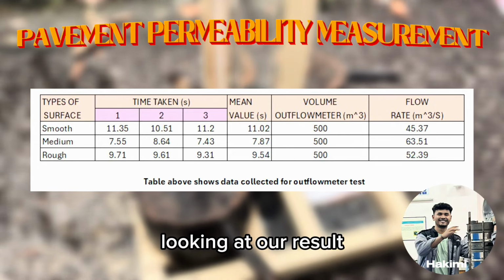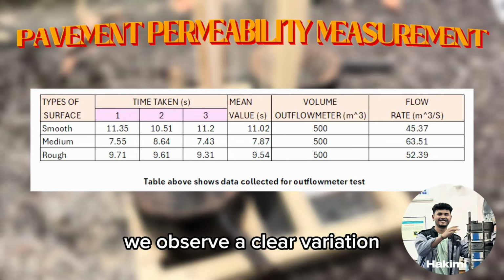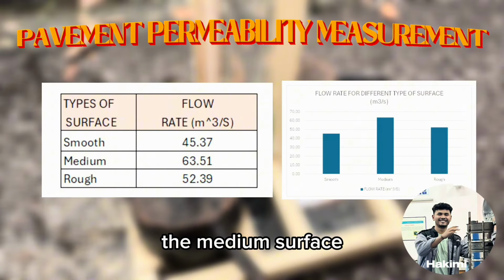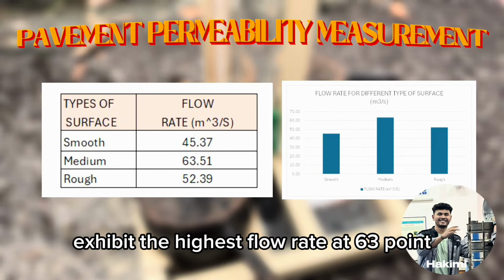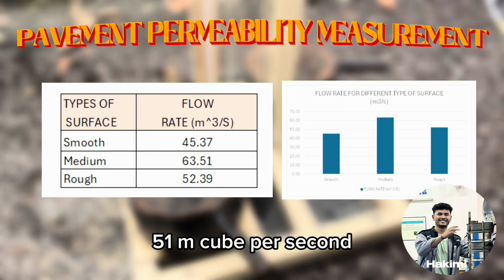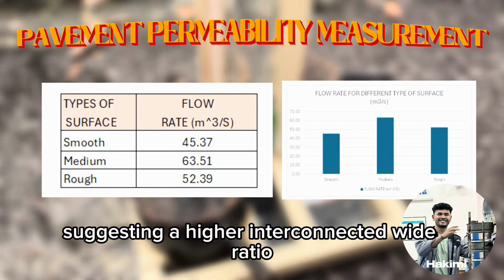Looking at our results from the falling head permeability test, we observe a clear variation in flow rate across the different pavement surfaces. The medium surface exhibits the highest flow rate at 63.51 m3 per second, suggesting a higher interconnected void ratio.